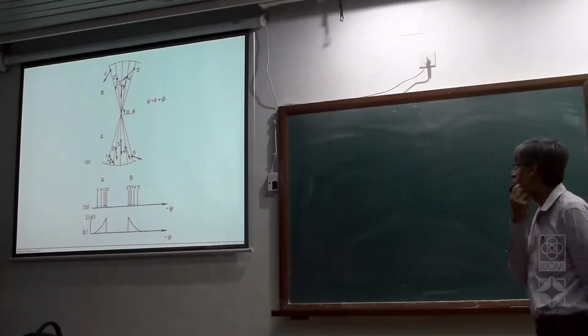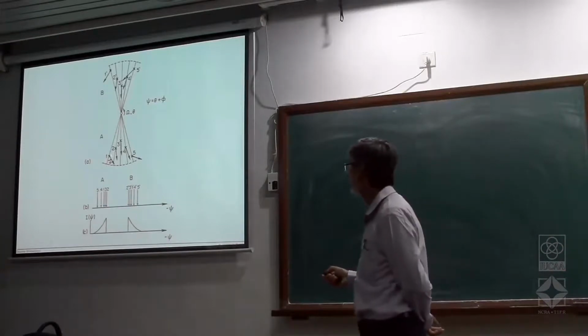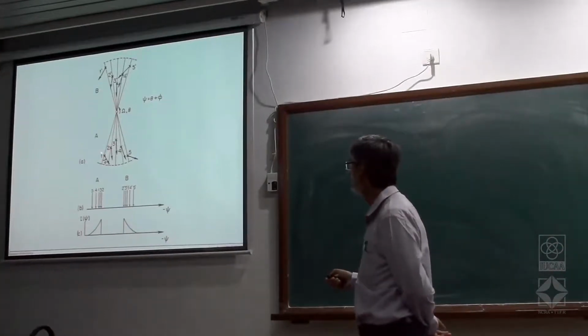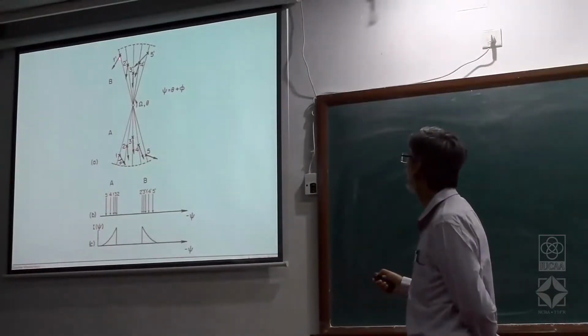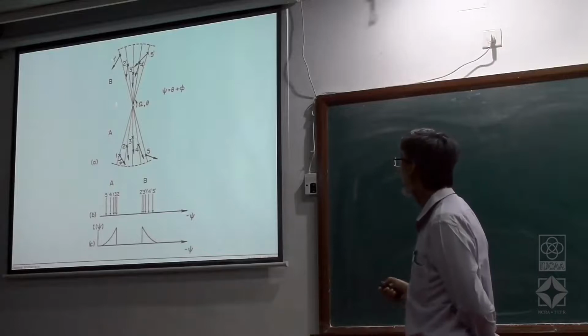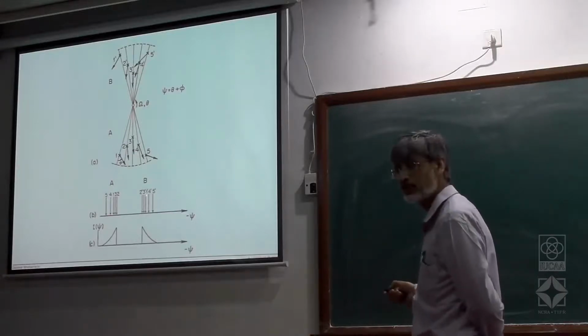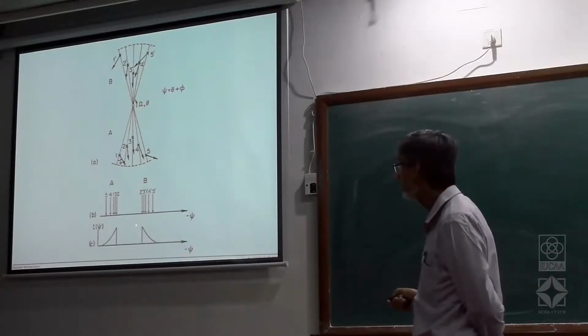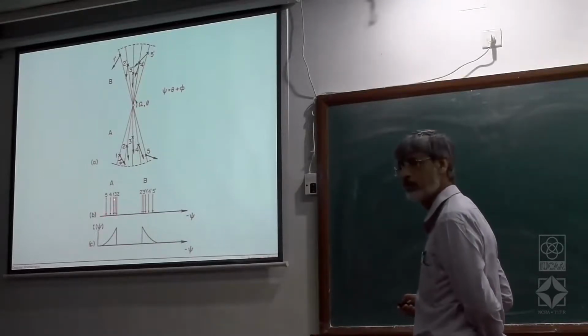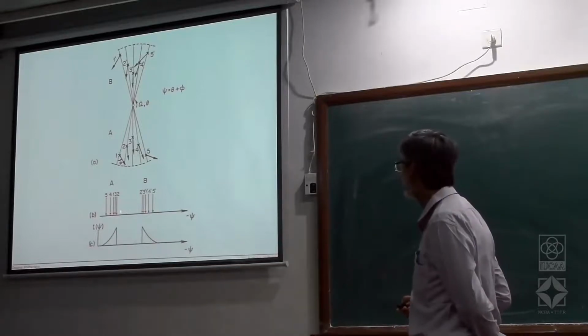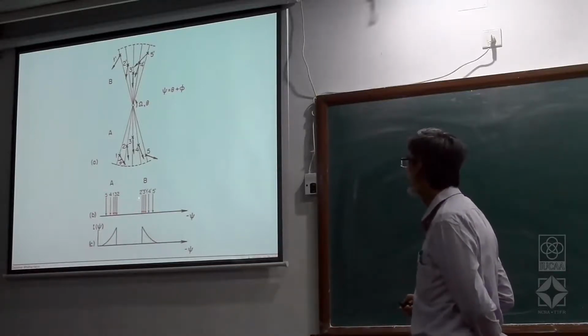Here they have shown a few points, 1, 2, 3, 4, 5, 1 prime, 2 prime, 3 prime, 4 prime, 5 prime. And then look at the arrival time of these in phase. You can see that the arrival time will be 5, 4, 1, 3, 2, then a gap, followed by 2 prime, 3 prime, 1 prime, 4 prime, 5 prime.